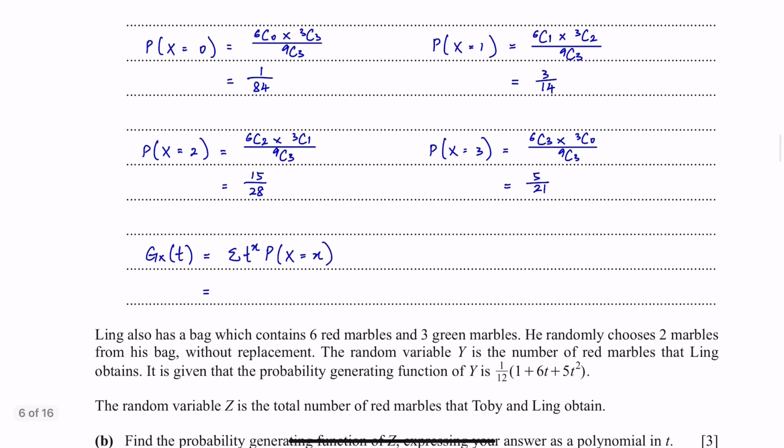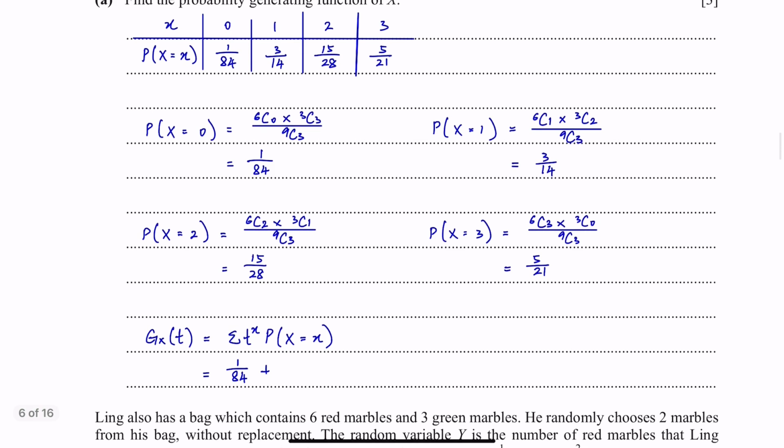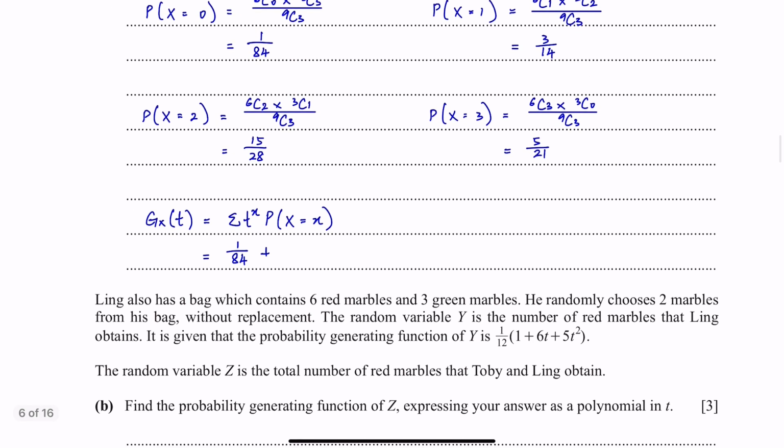So t to the power of 0 would just be 1, so we have 1 over 84. Plus, the second term would be 3 over 14 times t to the power of 1, which is 3 over 14 t.